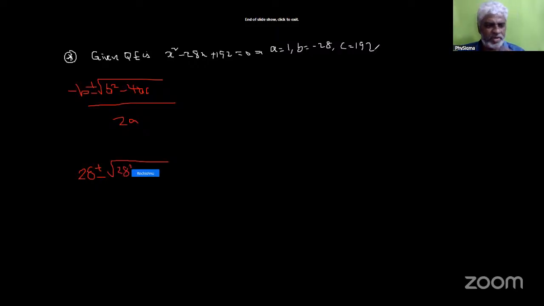Go ahead. 28 square. Four AC, 4 into 1 into 192.